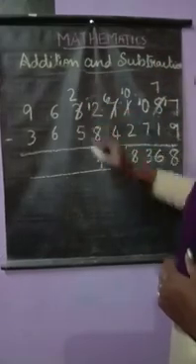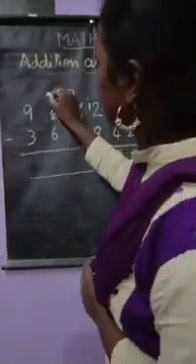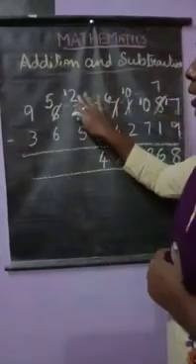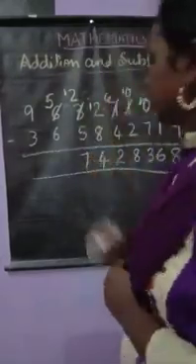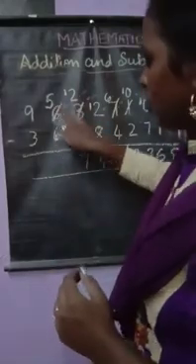Again 2 minus 5 is not possible. Let us take a carry from here. 6 becomes 5, and 2 becomes 12. 12 minus 5 is 7. 5 minus 6 is not possible because 5 is smaller than 6.